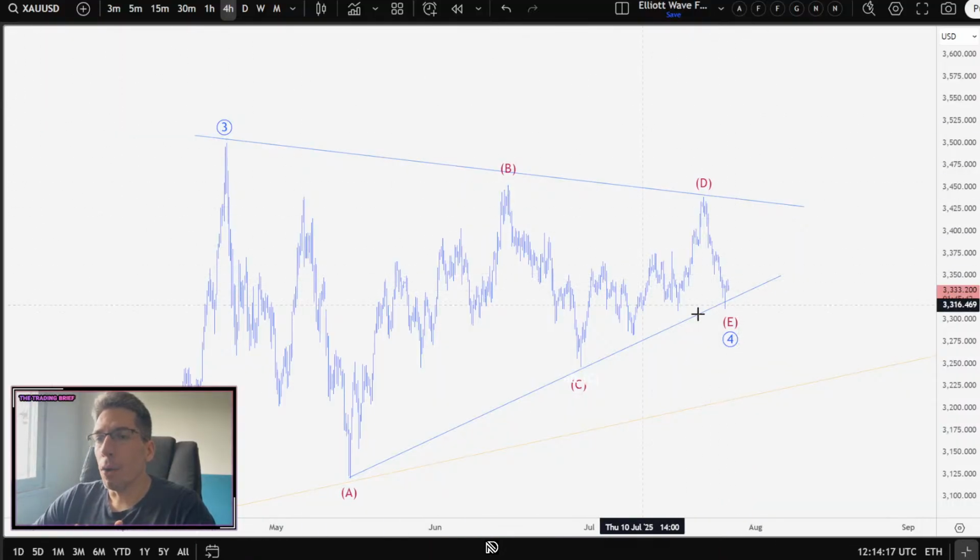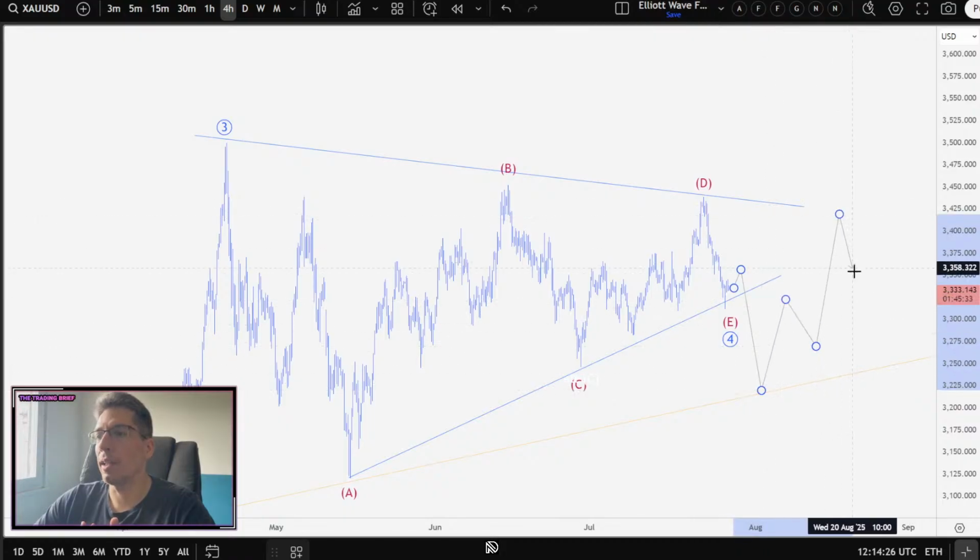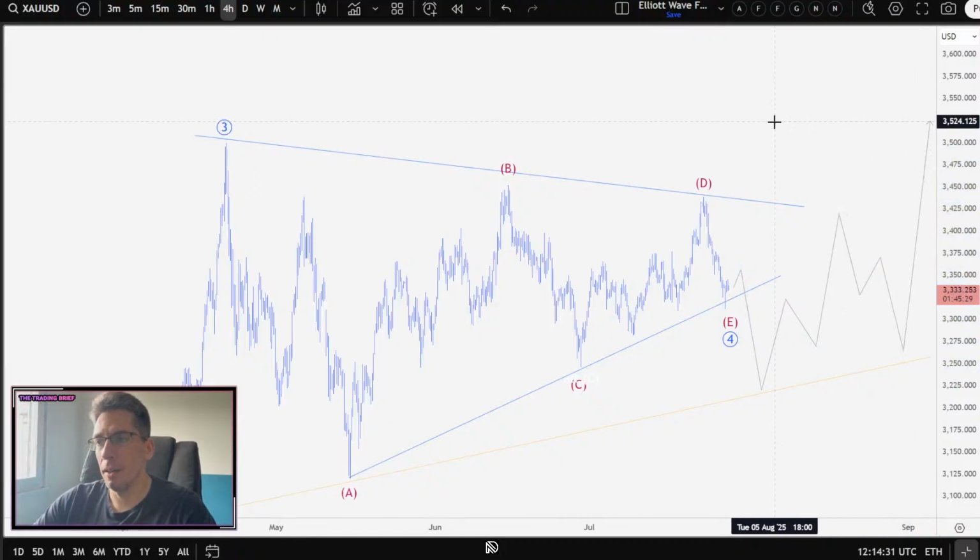And also keep in mind that the backup plan would be that we are still in the C, and that we are going to see something like this before the market moves higher.